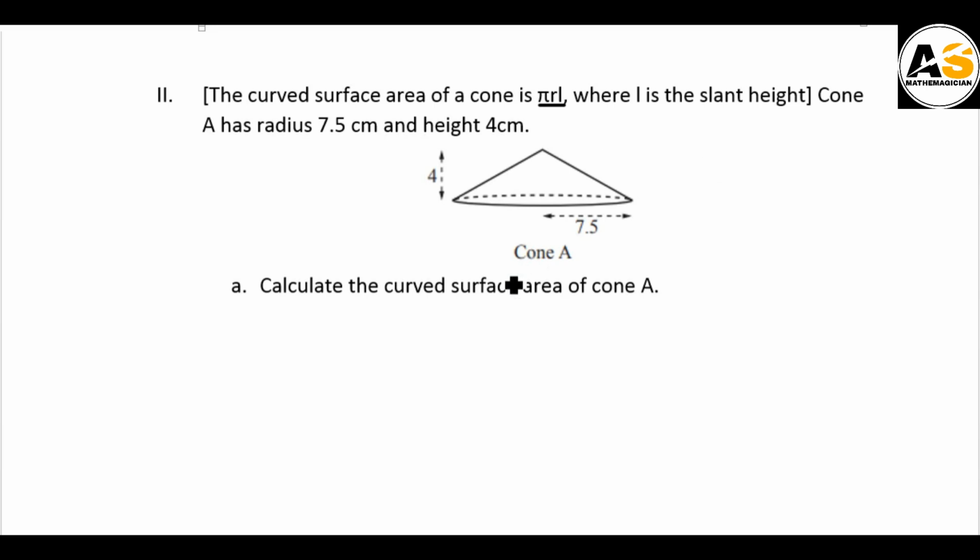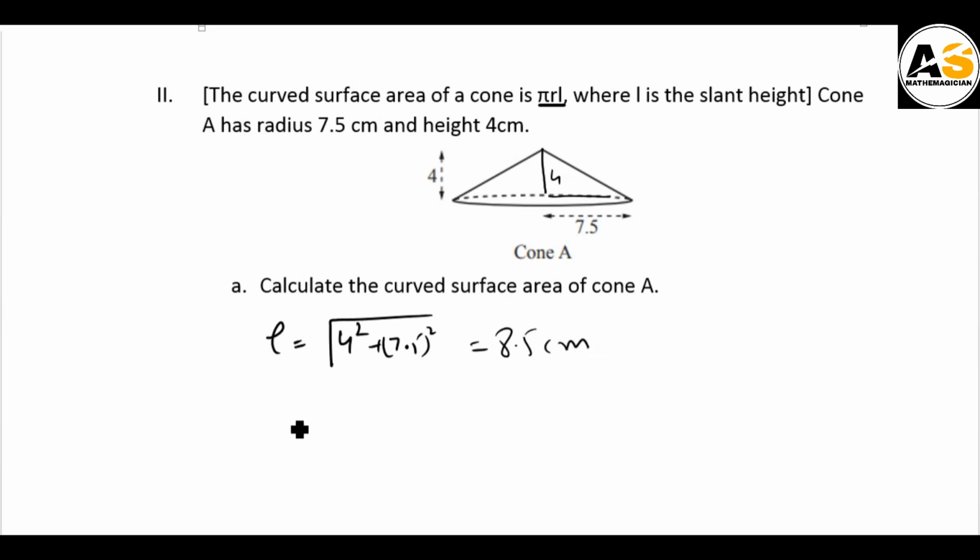Look at this. This is height, which is 4. This is radius, which is 7.5. Slant height will be calculated with the help of Pythagoras theorem, which is square root of 4 square plus 7.5 square. And this slant height will be 8.5 centimeter approximately.